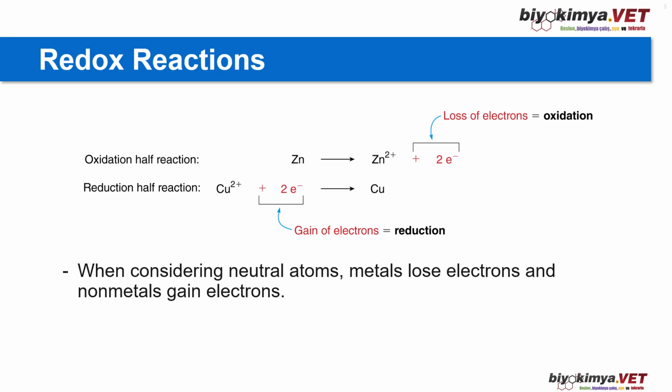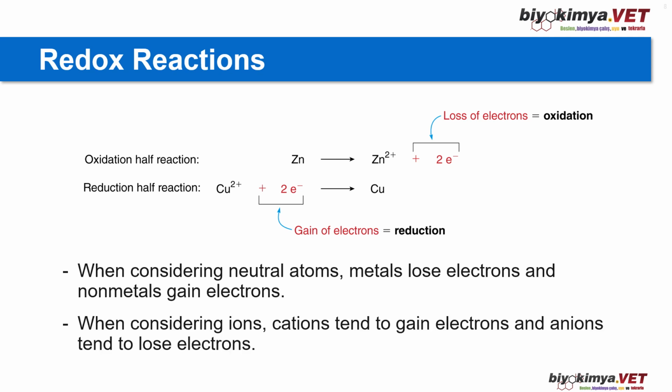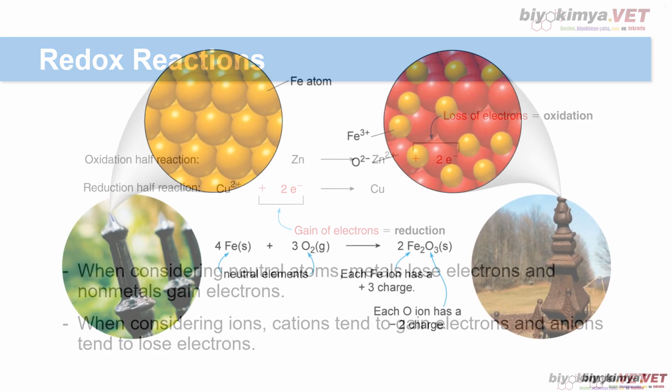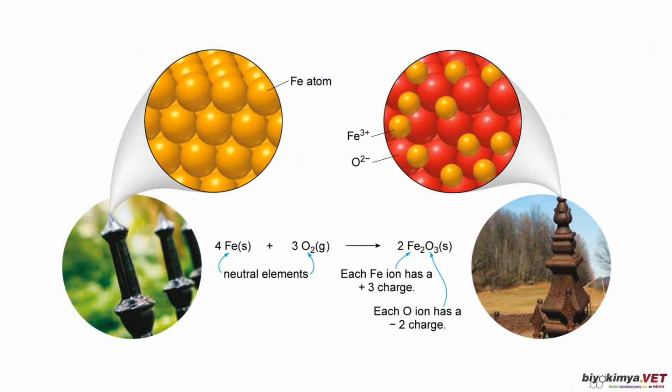When considering neutral atoms, metals lose electrons and nonmetals gain electrons. When considering ions, cations tend to gain electrons and anions tend to lose electrons. In the past, redox events were called combustion, and if this event occurred in metals, as seen here, it was called rusting.